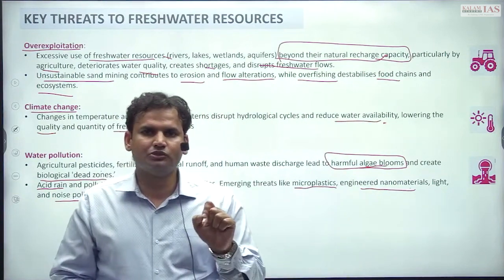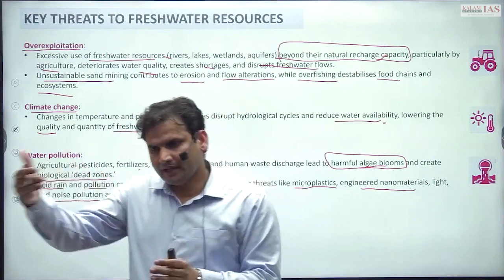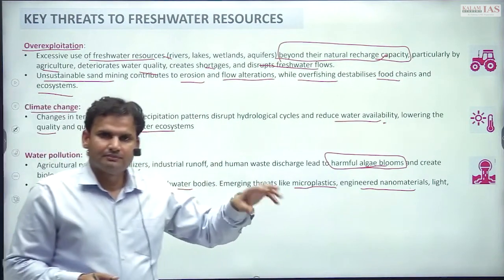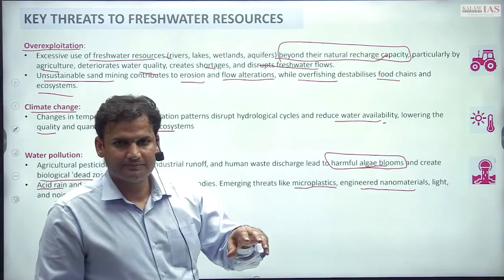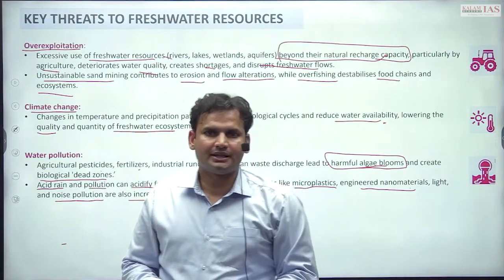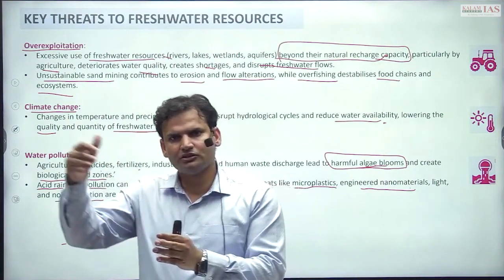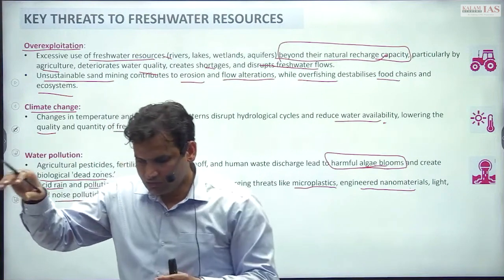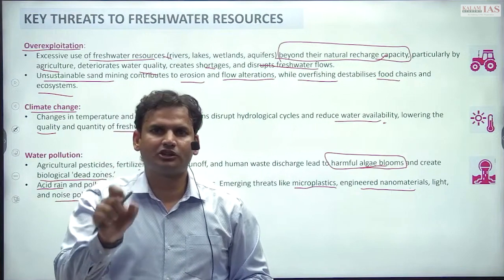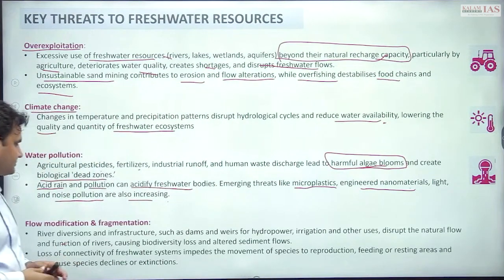In fact, there is a UN report which says by 2050 there would be more plastic in the ocean than fishes, right? And this microplastic is ingested by the organisms, and when organisms ingest it, if humans also eat or consume that seafood, what would happen? Bioaccumulation, biomagnification would occur, right?